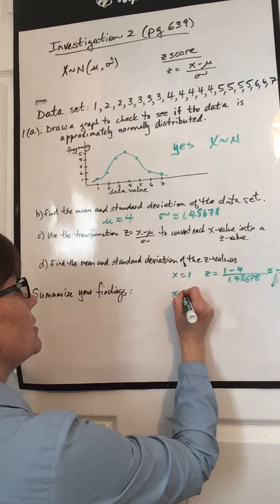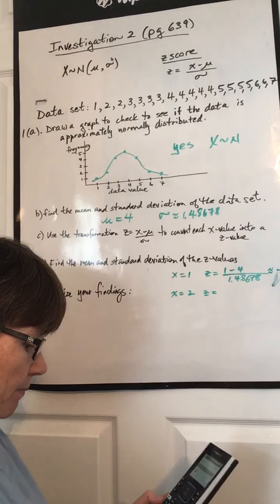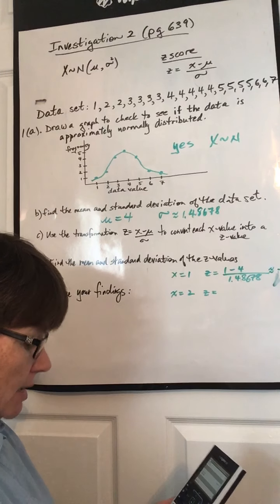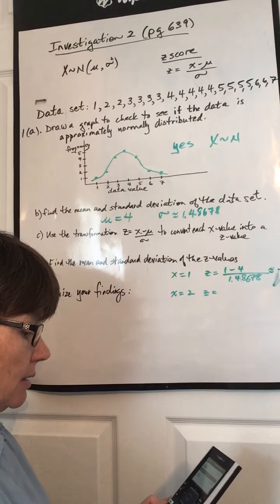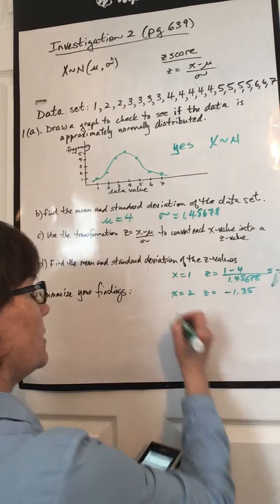Okay, when x is 2, do the same thing. So 2 subtract 4, divided by 1.48678. And we get negative 1.35.